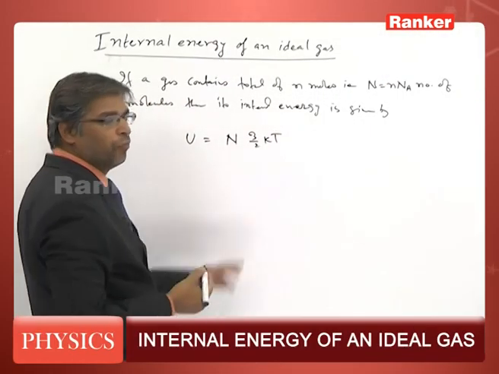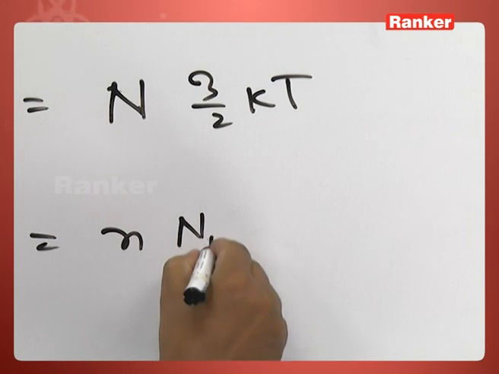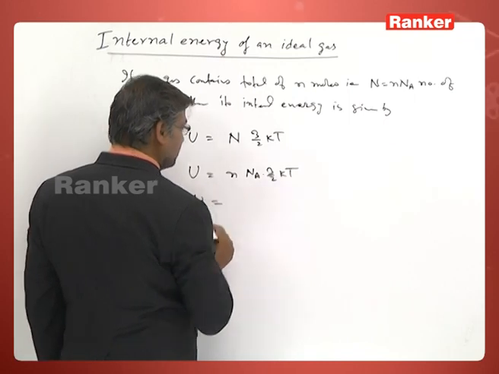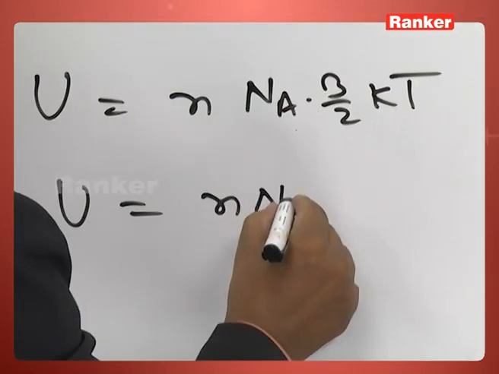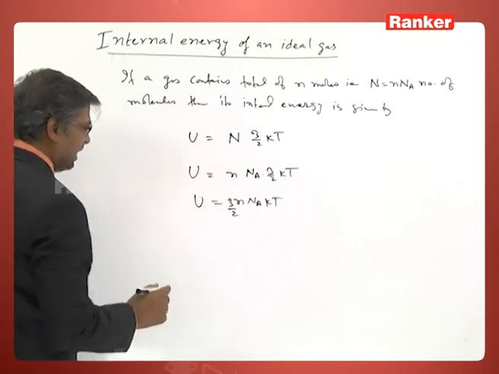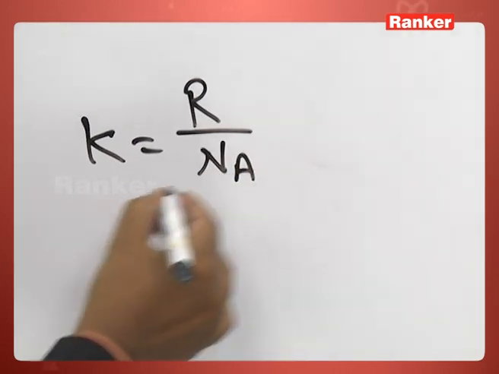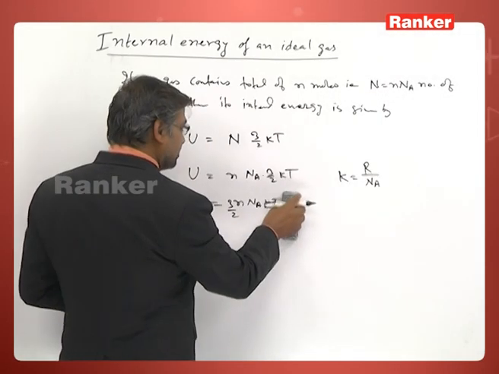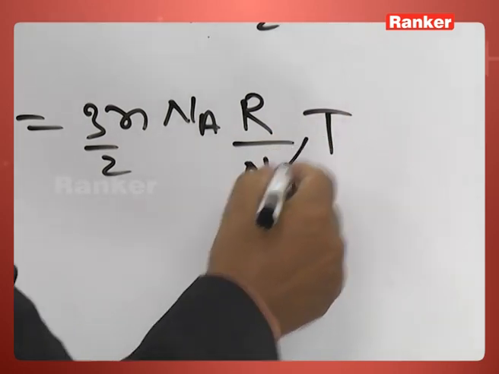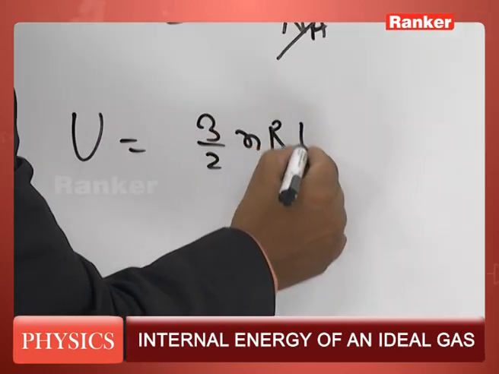This is the average energy of one molecule. So, total N molecules. We will write N as n into Avogadro number Na into 3 by 2 kT. Now K is the Boltzmann constant and this is R by Na. So, let us replace K by R by Na. This Na cancels, and the internal energy becomes 3 by 2 nRT.